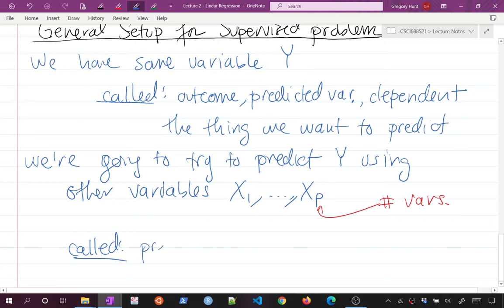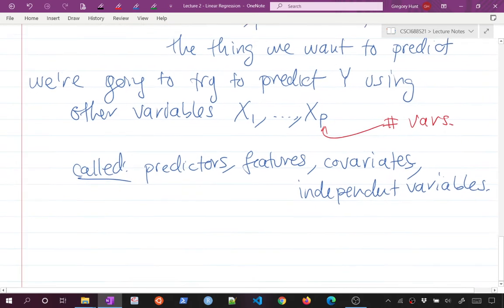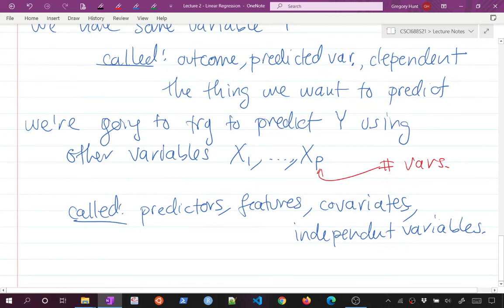These might be called the predictors. They might be called features. They might be called covariates. They might be called the independent variables. But basically, they're the things used to predict y.